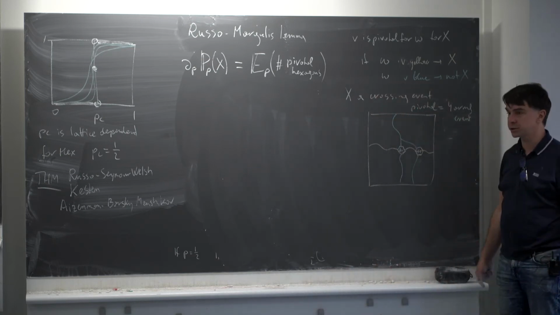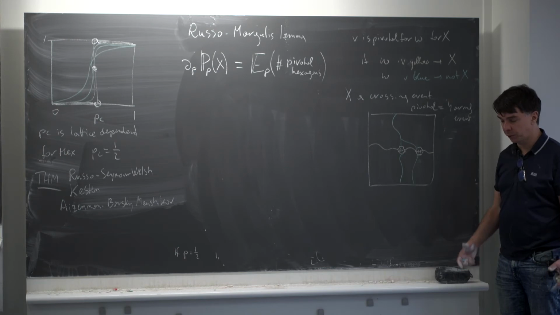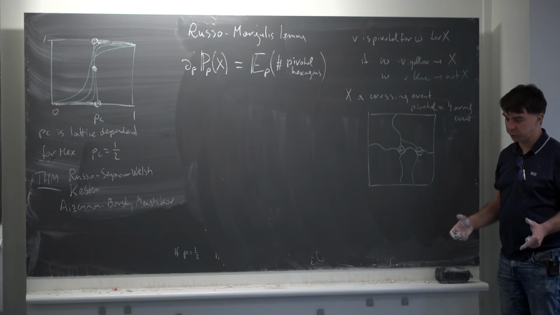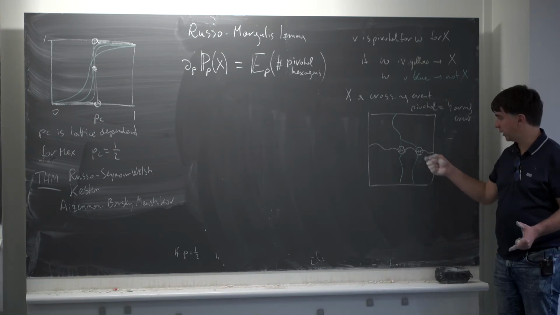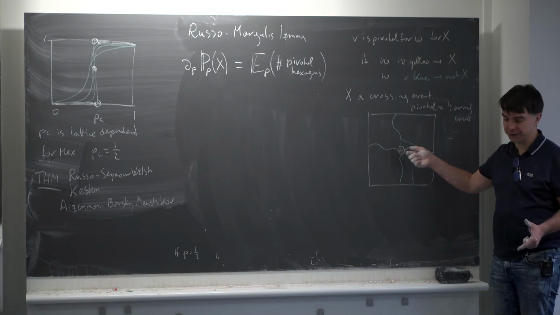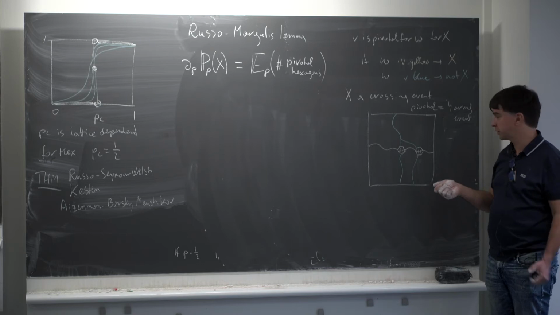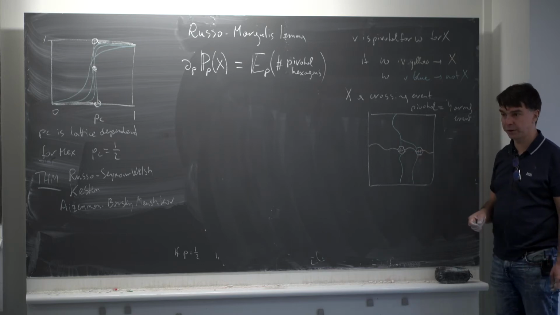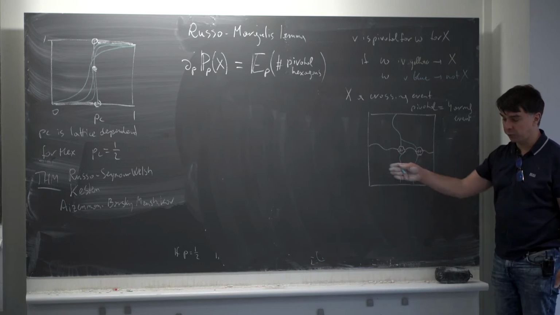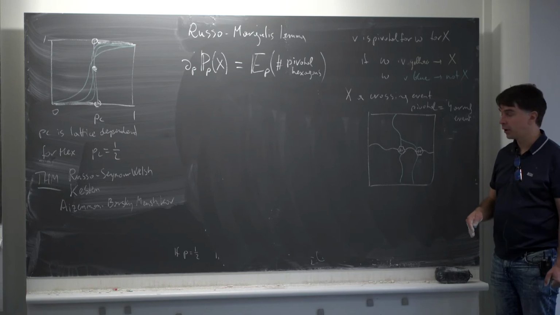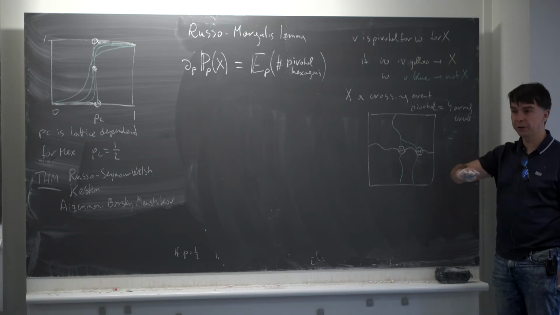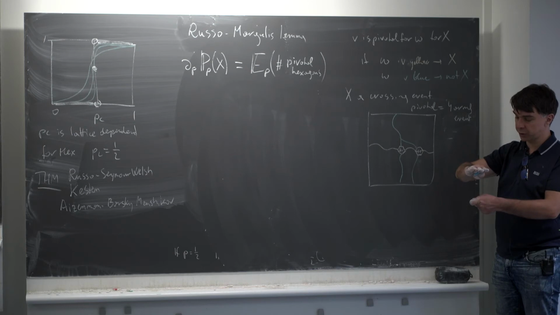So here the easiest way is to look at the following model, where you toss a coin at every hexagon, a special coin which gives you a real number between 0 and 1. So at every hexagon you write a uniform random number in 0, 1. Then you choose the value of p, and the hexagons which have a smaller number than p are open, and the bigger ones are closed.